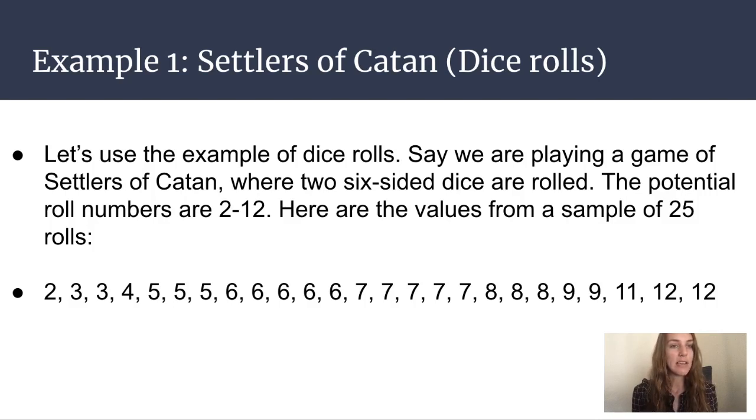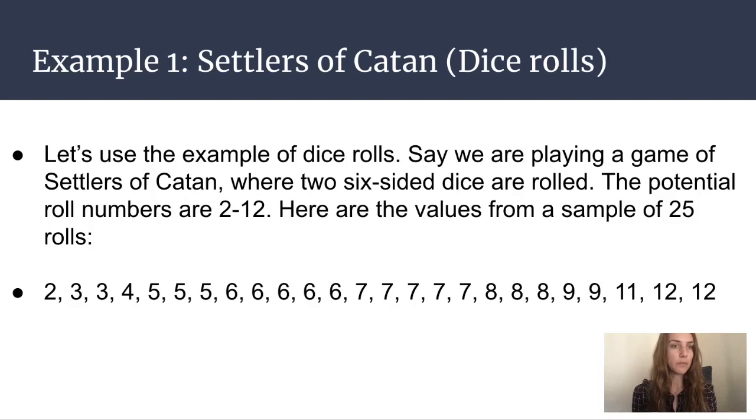So let's say that we're taking a sample of 25 rolls from a given game, using the example of dice rolls. 2 6-sided dice are rolled, meaning that our range of values is anywhere from 2, two 1s being rolled, to 12, two 6s being rolled. And then we have a sample of 25 rolls from a given game here.